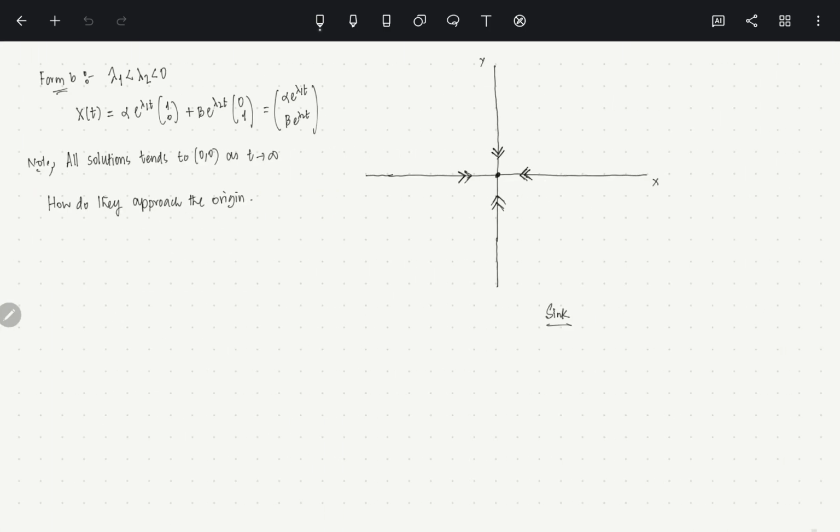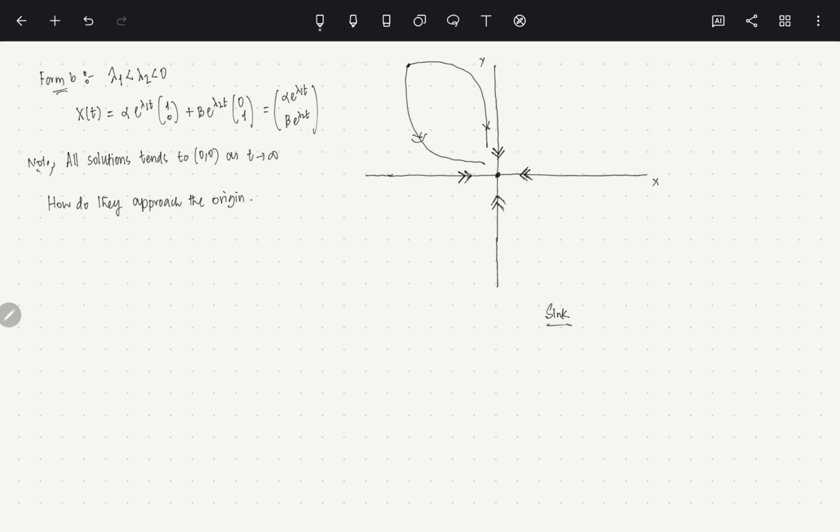Which coordinate dominates? Every solution, it doesn't really matter where you are starting. It may happen that you start from here, and the trajectory can move like this and go towards the origin, it has to. Again, it can start from here and go like this towards the origin.